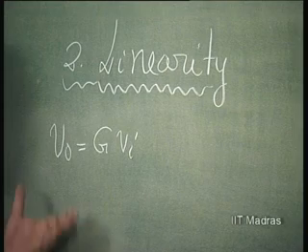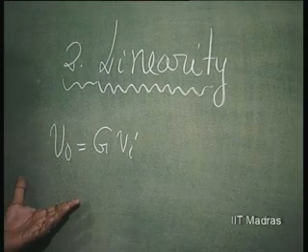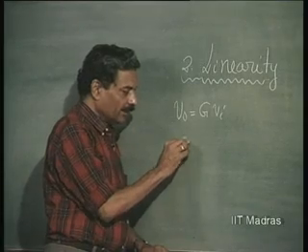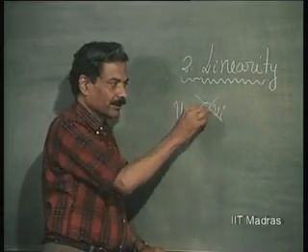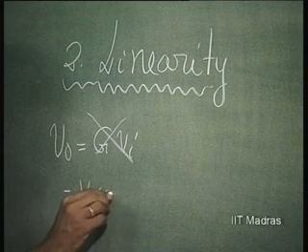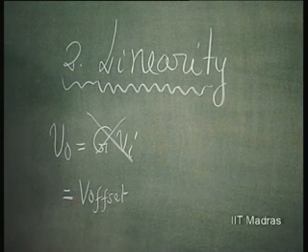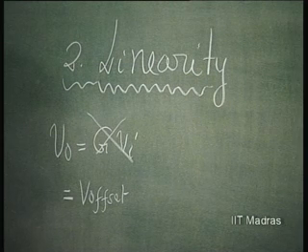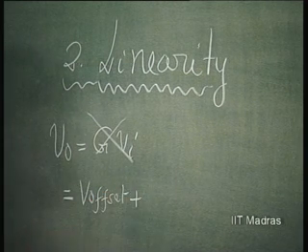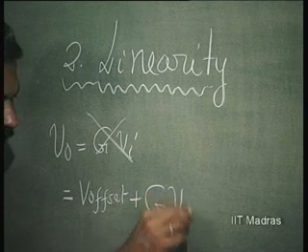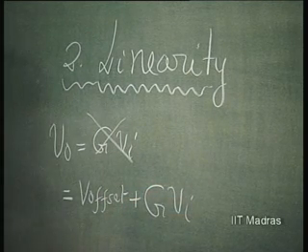Now, this is not the case when nonlinearity comes into the picture. V naught is then equal to V offset, that is a function which is independent of V I, that is called offset voltage. Then we have the linear output.